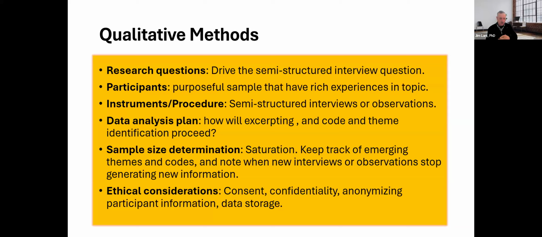Sample size determination. Your faculty will tell you, and I'm sure other sophisticated researchers will tell you, that you want to keep getting data until there's no new information coming out. I think for faculty, that's probably great, where there's more time and so forth.